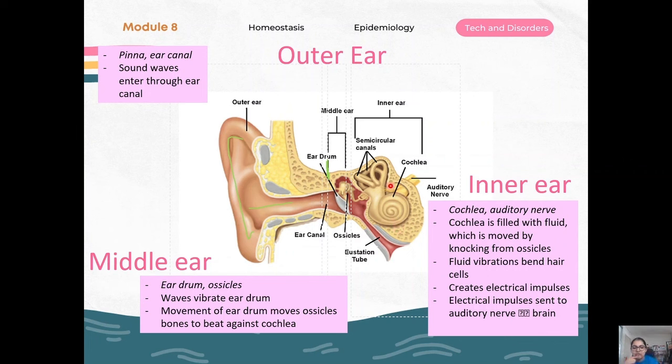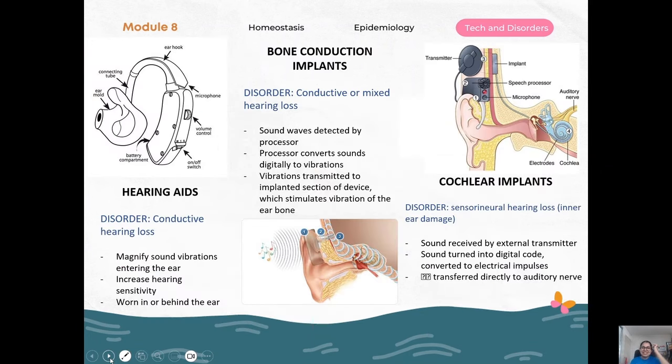So the cochlea does the conversion of the sound waves into electrical impulses, and those impulses are sent to the brain via the auditory nerve. You can see how the cochlea is connected to the auditory nerve there. So that's how hearing works.